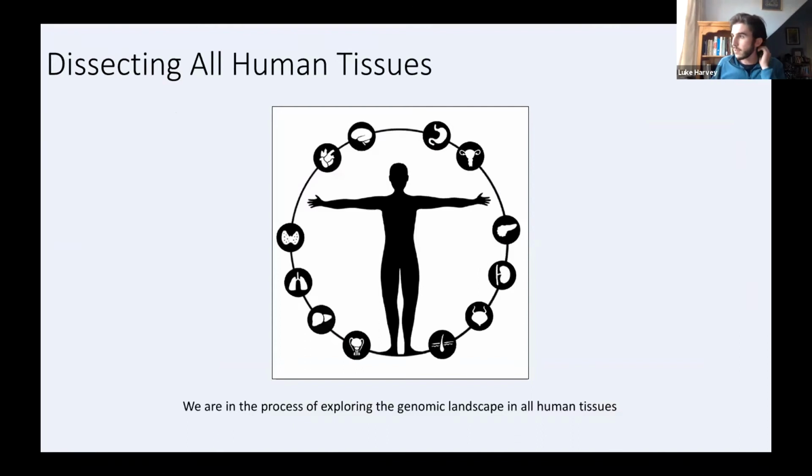So I think we're now at a point where we've sequenced nearly 1,000 individuals. We've sequenced tens of thousands of samples from these individuals, and we've sequenced nearly every organ from within the human body. And what we really want to understand is how mutations accumulate in different tissues, how cancer drivers accumulate in different tissues, and understand this cancer evolutionary process.